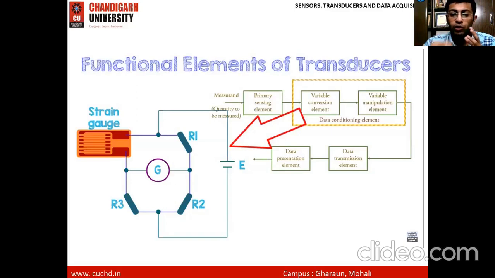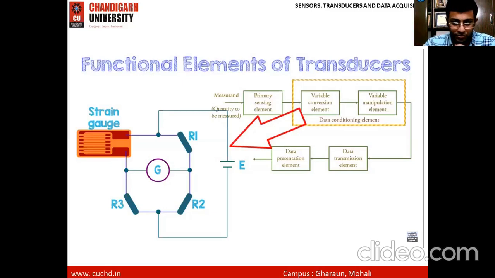By using the null detection method with the galvanometer, you will be able to convert the change in resistance into an electrical signal, that is a potential difference. So our part is done. Our need was to convert the input force into an electrical signal, and we have got a voltage signal here.